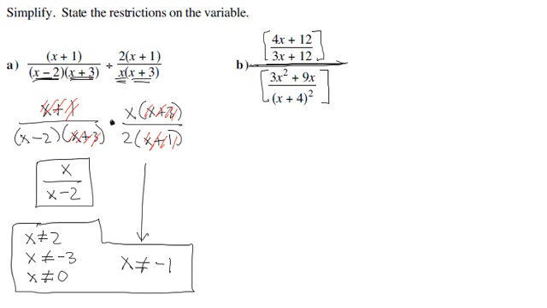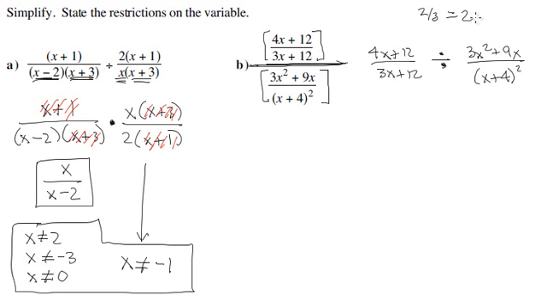In other words, this is the same as 4x plus 12 over 3x plus 12 divided by the thing downstairs, 3x squared plus 9x over x plus 4 all squared. We don't do this transformation often enough, I don't think, but it's very important. Anytime you have a fraction, top thing over bottom thing, that means the top thing divided by the bottom thing.